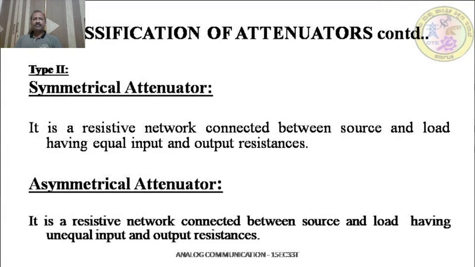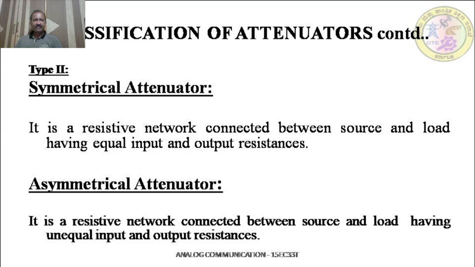Next, based on the property of a circuit, you can classify attenuators into two categories: symmetrical attenuator and asymmetrical attenuator. Symmetrical attenuator means the input and output resistance or impedance of the circuit are equal. That type of circuit is called a symmetric network, and applied to an attenuator, a symmetrical attenuator.